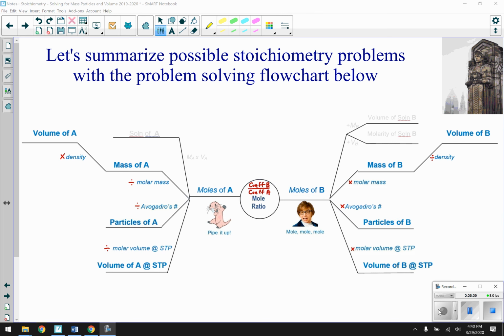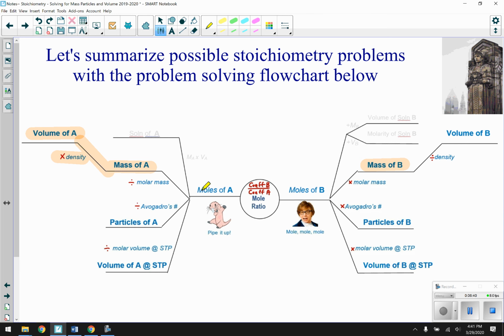And finally, let's do one more. Let's say for some reason I started you off with volume of A using density, so we'll start here, and I wanted you to find mass of B. Let's follow that one on our flowchart. To go from volume of A, you first need to go to mass of A. Volume and mass are related by density, and in this case you would multiply by the density to go from volume to mass.